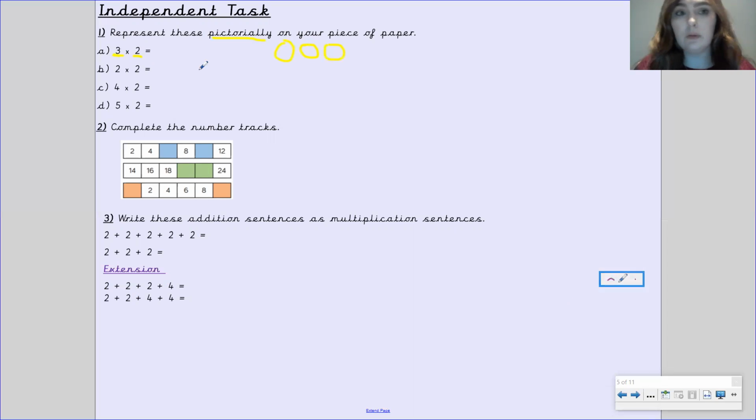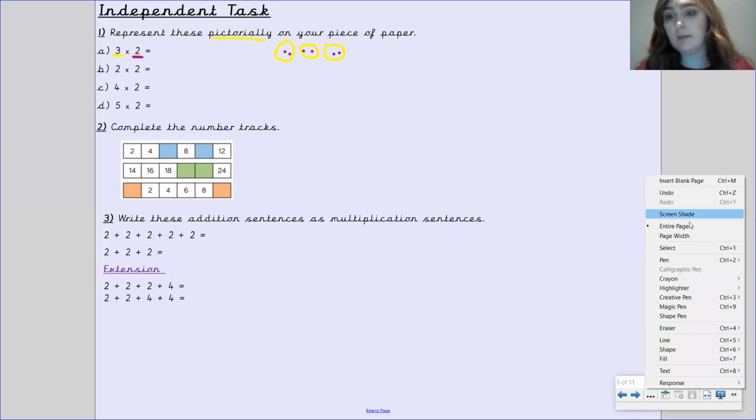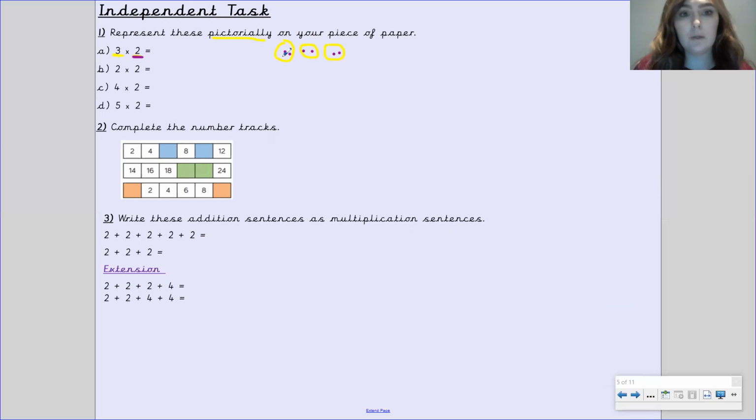And then you would draw 2 in each circle, because that's how many is in each group. And that will give you your answer, 2, 4, 6, so 6. Now you need to write this all down on your piece of paper. So you need the number sentence and your pictorial drawing.